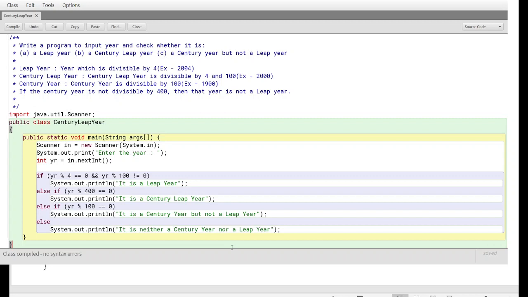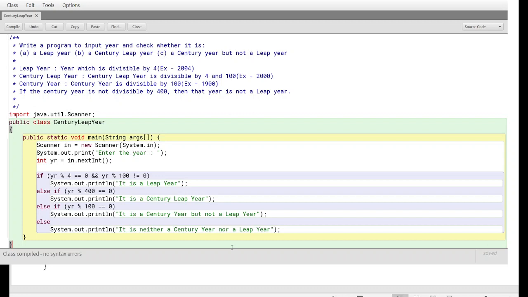The condition to check century leap year is the year should be divisible by 4 so that we can check the divisibility condition for leap year, as well as the year should be divisible by 100 so that we can check that the year is a century year.